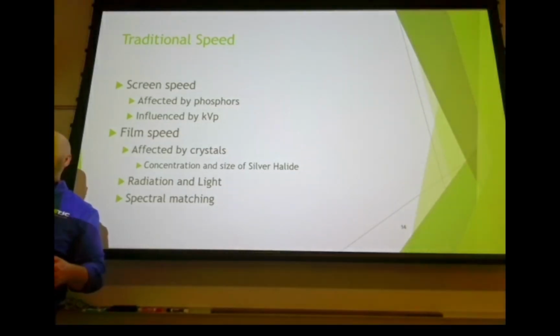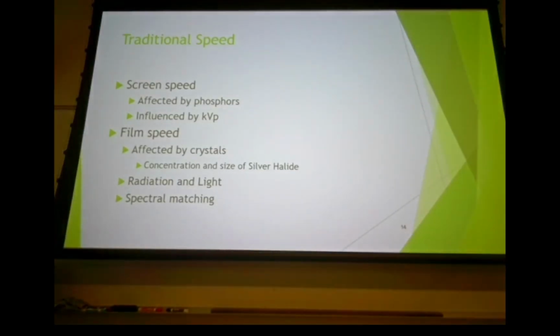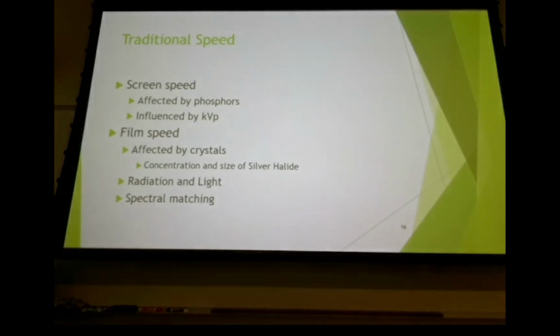So whenever you see in a movie somebody processing films in a dark room, they've got a red light. That's because their film is most sensitive to green and yellow light.